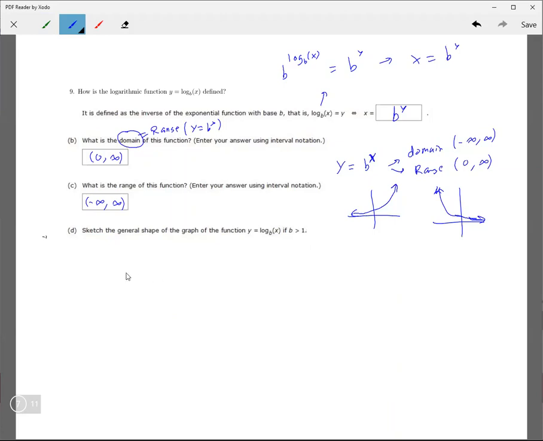If b is greater than 0, it's this situation right here. This is where b is greater than 0. And so you want to reflect it over this line right here, and it's going to reflect to being something like this.